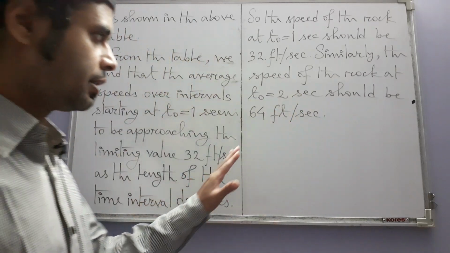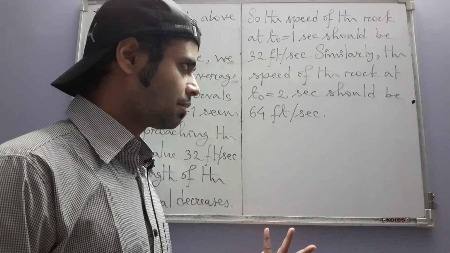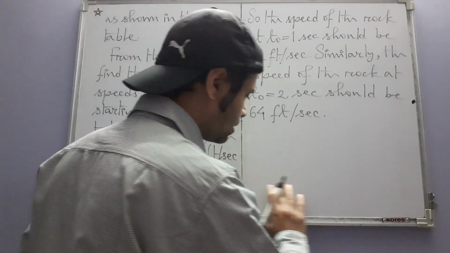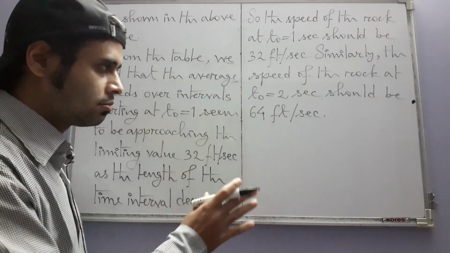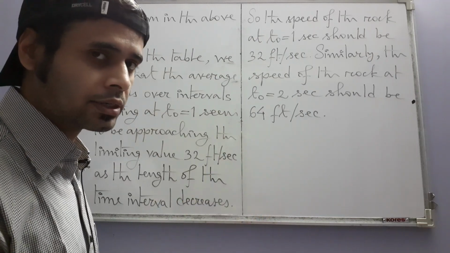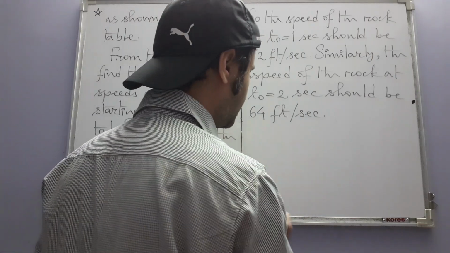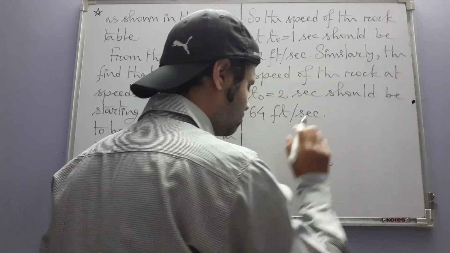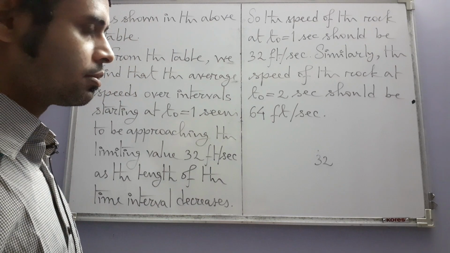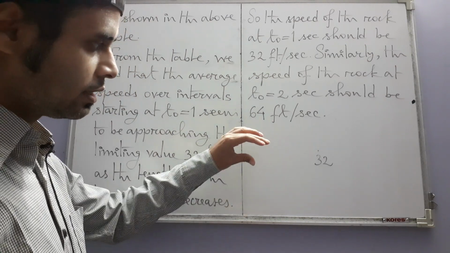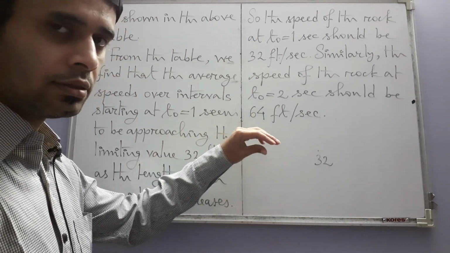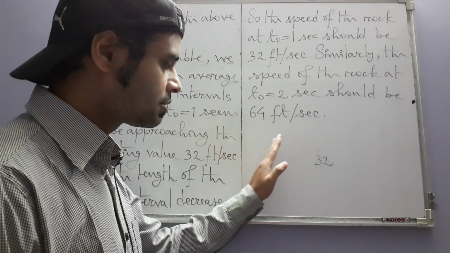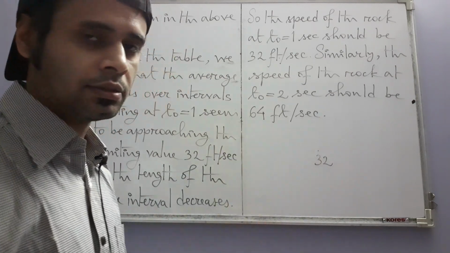Keep in mind that these are only some ideas. What I said was that the average speeds of the rock during those intervals whose lengths are getting shorter and shorter seem to be approaching 32.